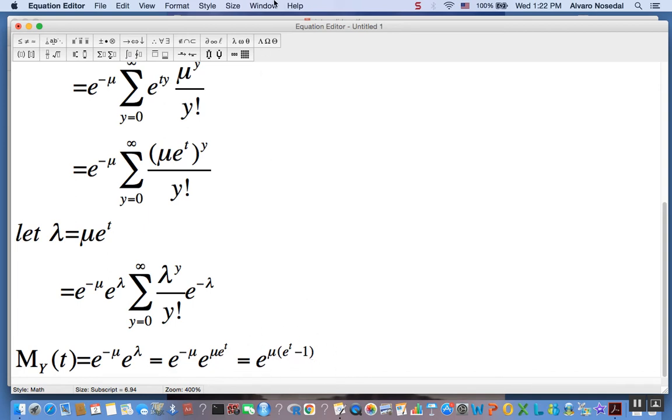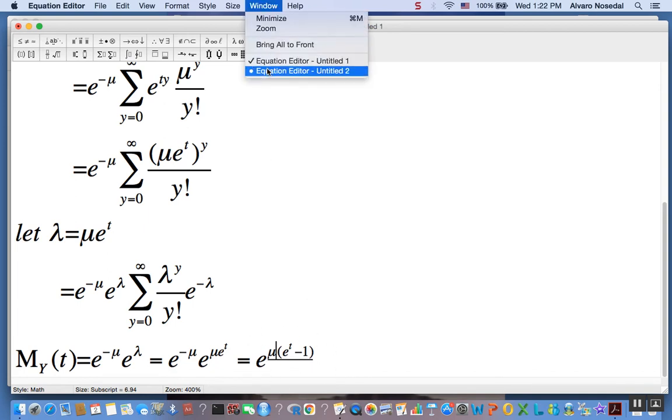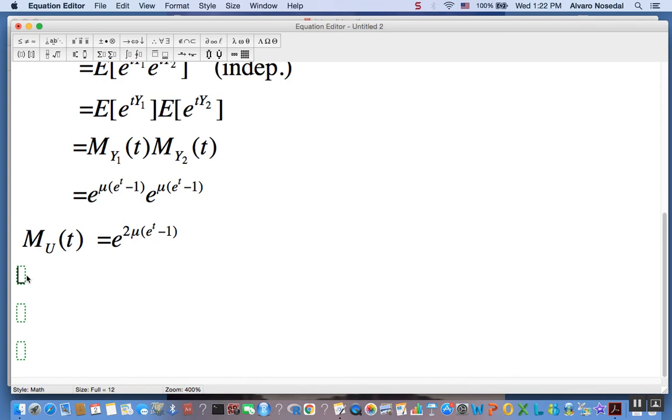Make sense? So what we have shown here is that by the uniqueness property of MGFs, you must have a Poisson distribution with parameter 2 mu.